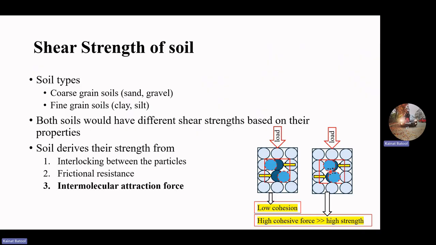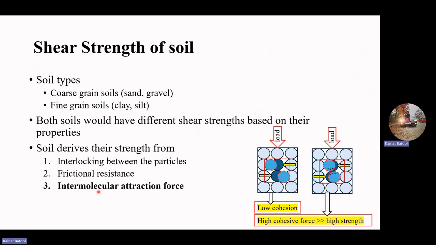That's because of the intermolecular attraction forces. And if we see the same behavior with sands, sand does not stick. If we are holding sand in our fist and then we open the fist, it will flow out of our hand just like pearls. So in sands, there are less intermolecular forces as compared to clay particles, right?